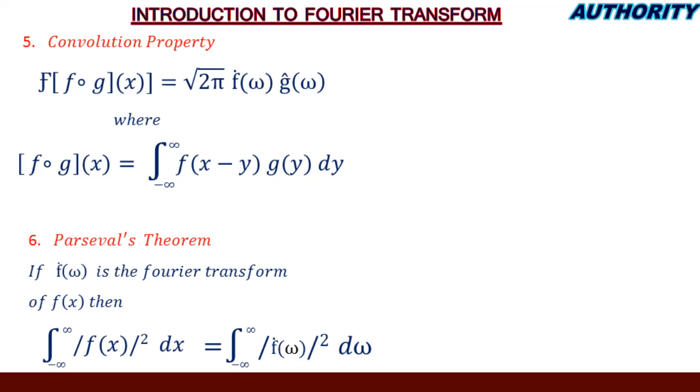We say that if F of omega is the Fourier transform of f of x, then the integral from negative infinity to positive infinity of the absolute value of f of x squared dx is the same as the integral from negative infinity to positive infinity of the absolute value of F of omega squared d omega. This is what this property is talking about.